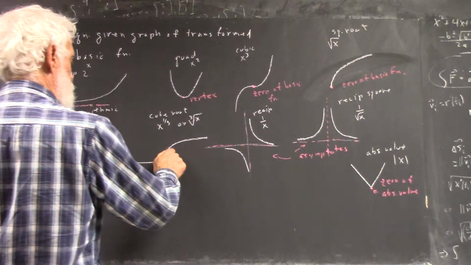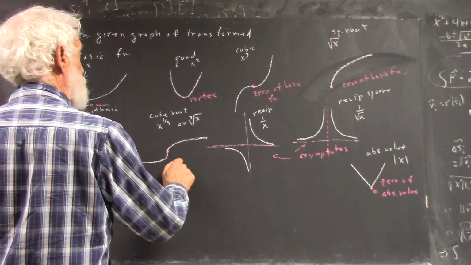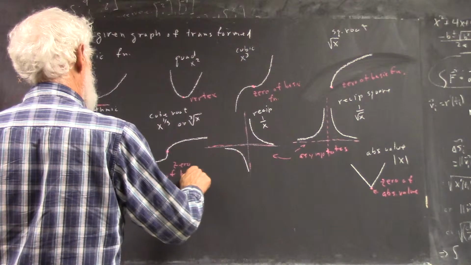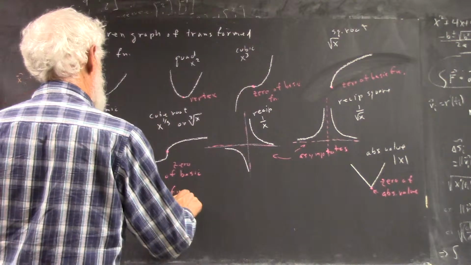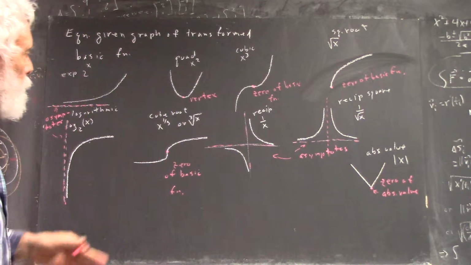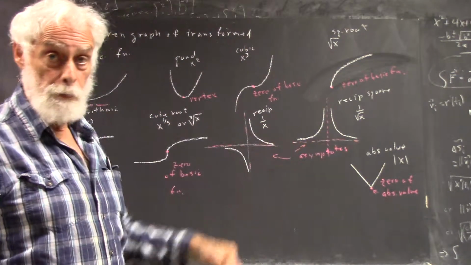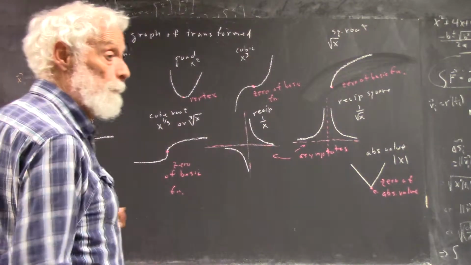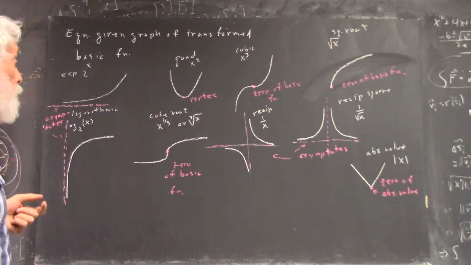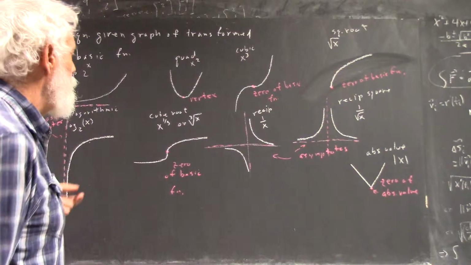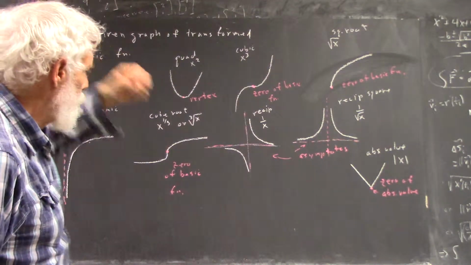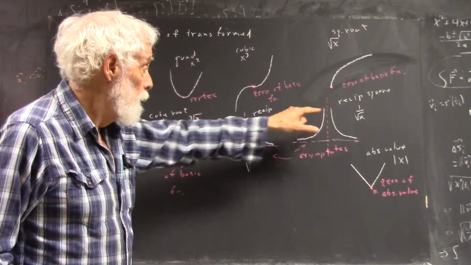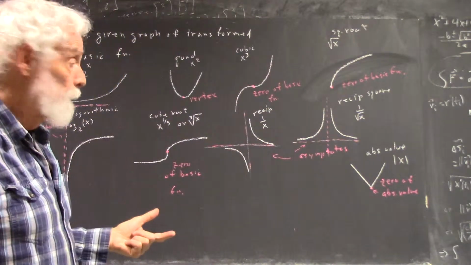For the cube root function, the zero of the basic function. So wherever a graph of this shape is in the xy plane, you can pretty well identify the asymptotes, the vertical and horizontal asymptotes of the reciprocal and the reciprocal square function.